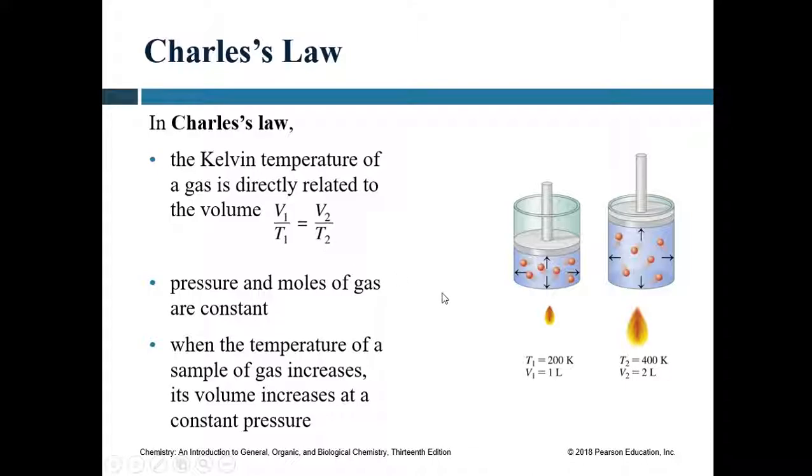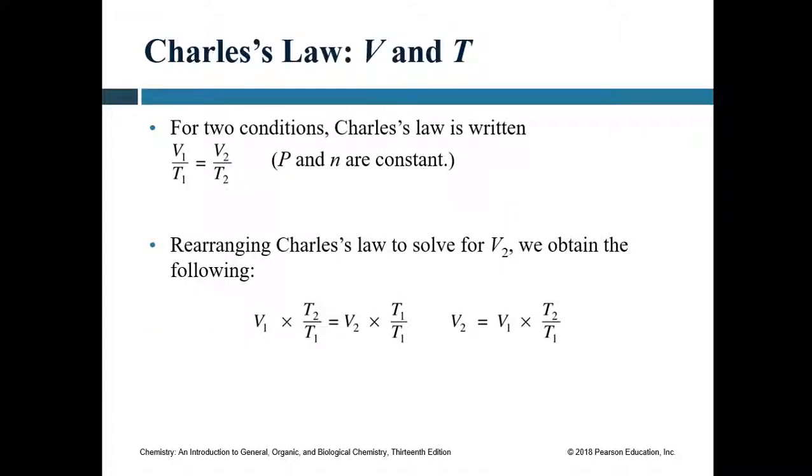Now we're assuming in this case we're holding pressure and moles of gas constant, and so if we heat up this sample of gas, then its volume is going to also increase. If we keep the pressure the same, the volume has to increase because the increased energy in the gas molecules from the increased temperature is going to need more space to expand.